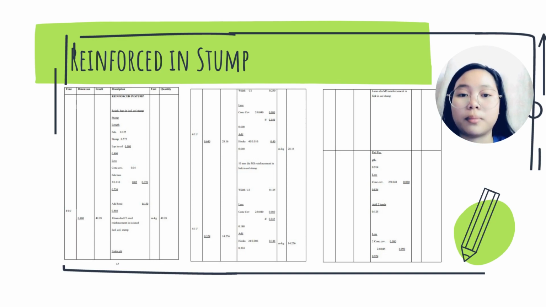We have to multiply with 4 and also 14, so we get the 12 millimeter diameter HT steel reinforcement in column stump is 49.28 meter kilogram.